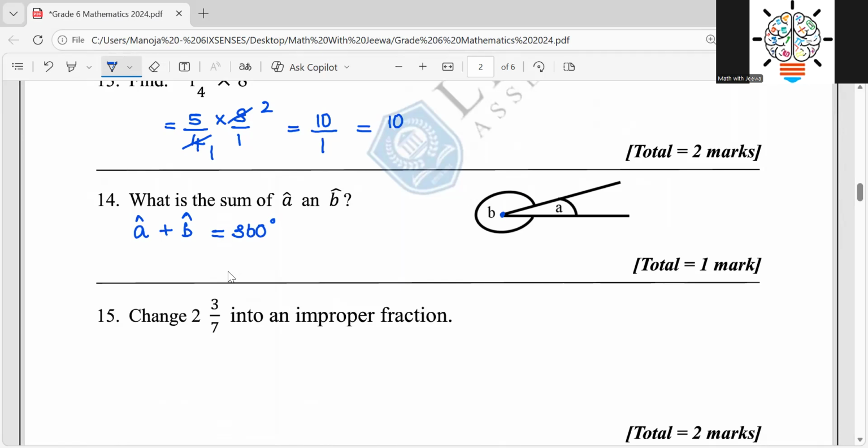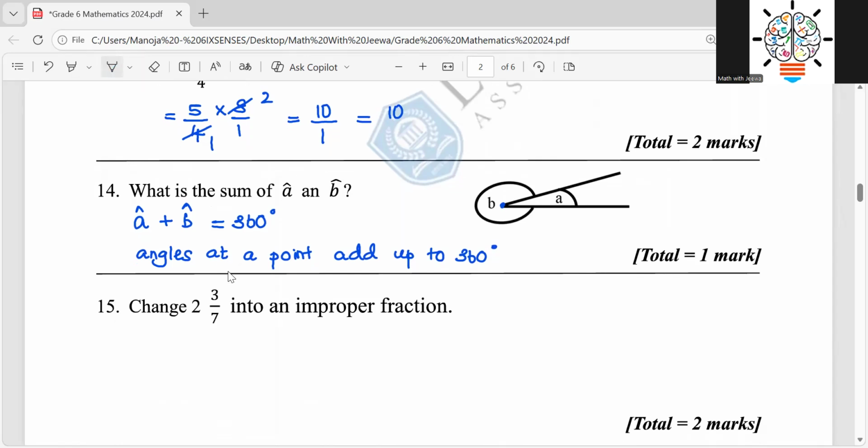If by any chance they have given 2 marks, I write angles at a point add up to 360 degrees. Okay. Then we will move to the next one.